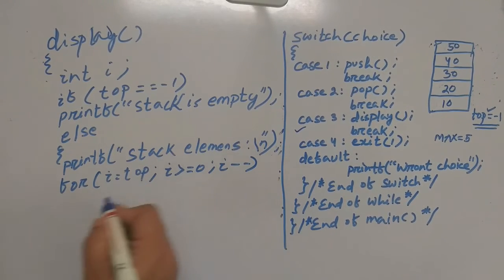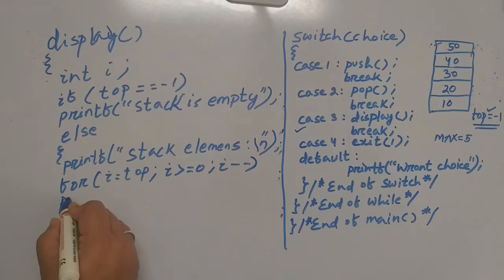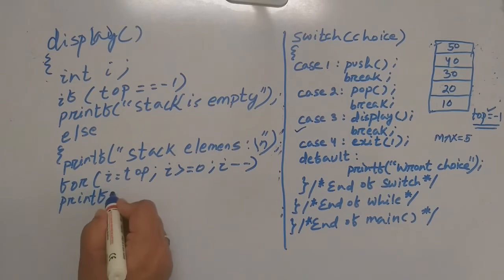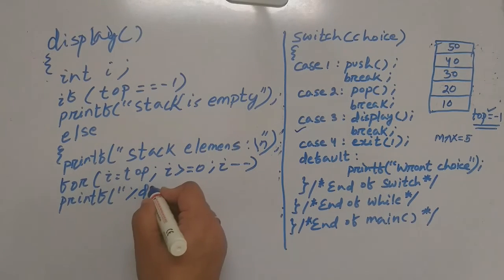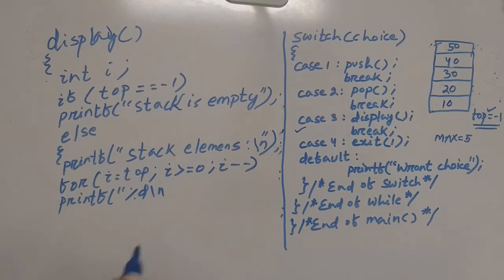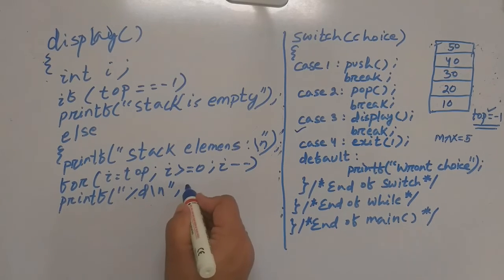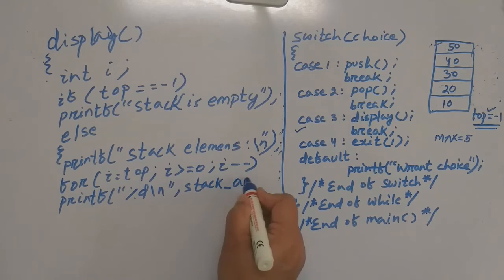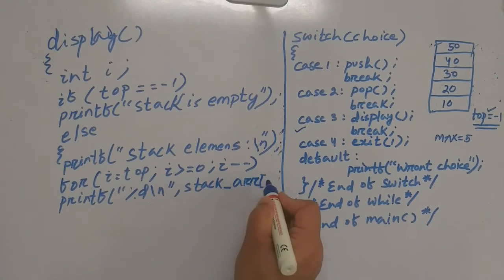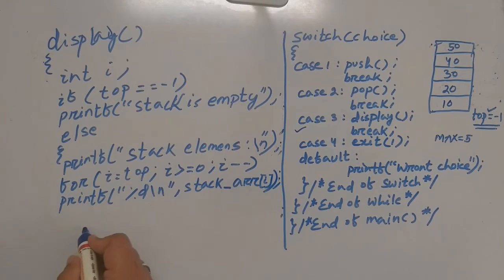We print each and every element: printf %d slash n, stack underscore array I. Then the else, and the display.